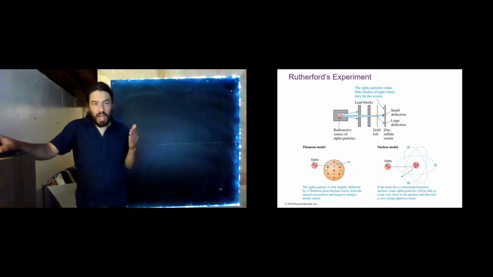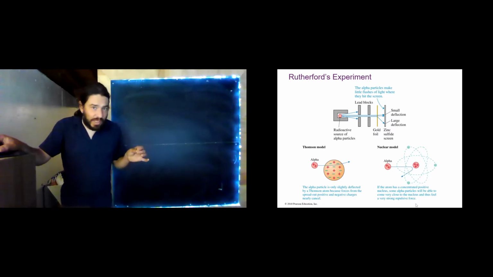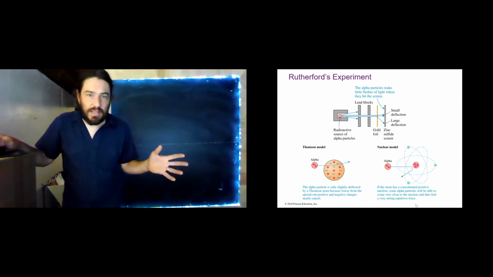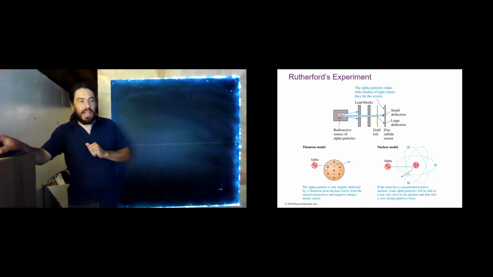And so what Rutherford concluded here is that actually this Thomson model is not correct. That really we've got a positive nucleus surrounded by electrons. But mostly what do we have? Empty space. There's mostly empty space, just a positive nucleus and some electrons winging around the outside.